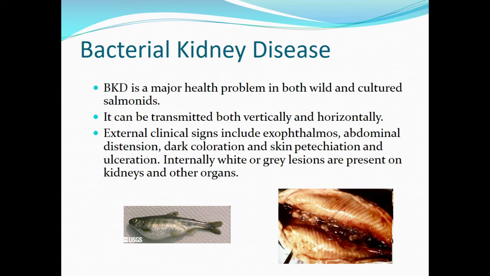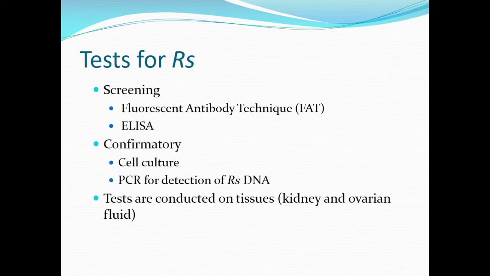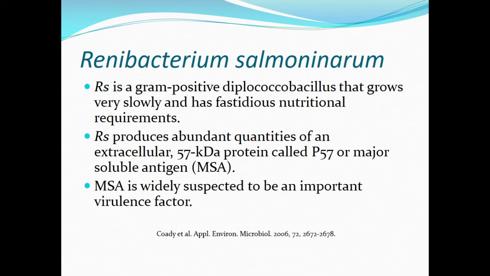And it's great because we have hatcheries around here and lots of health problems. One of them is bacterial kidney disease, which can be quite pervasive and can kill thousands of fish if it happens in a hatchery setting. The actual disease is caused by a bacterium called Renibacterium salmoninarum.